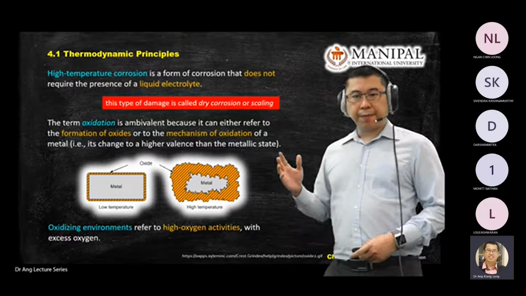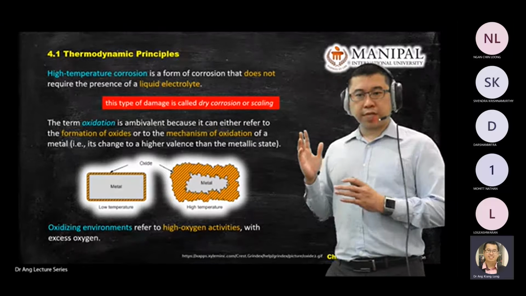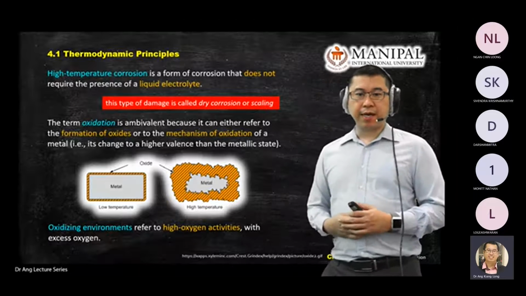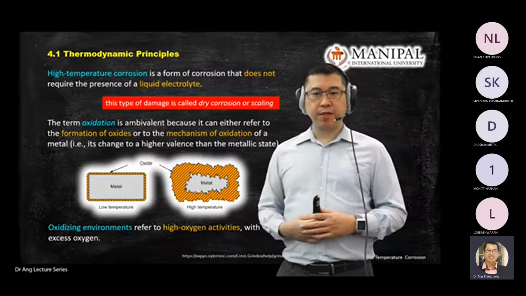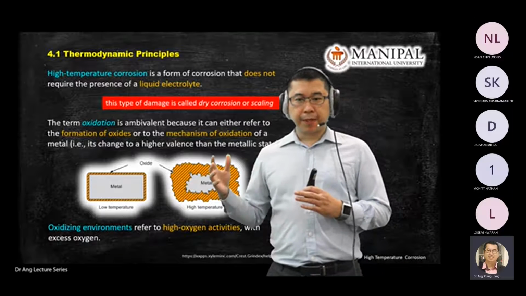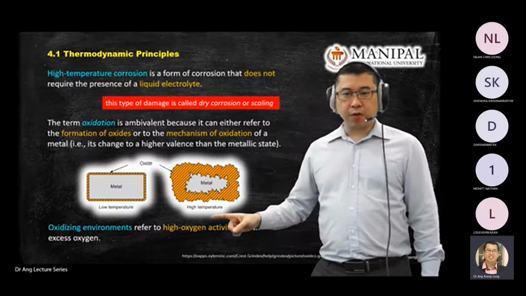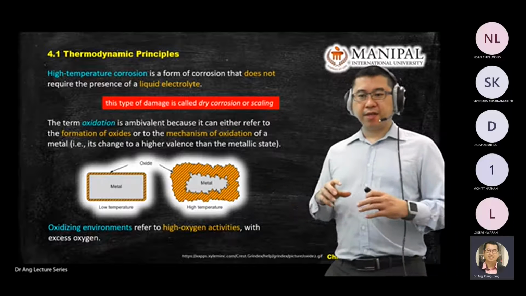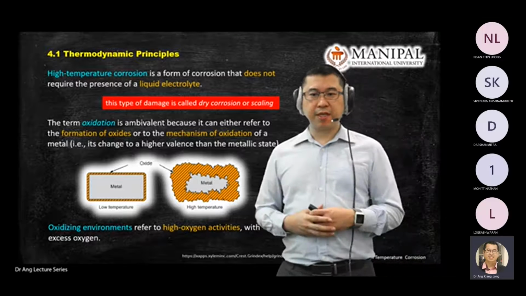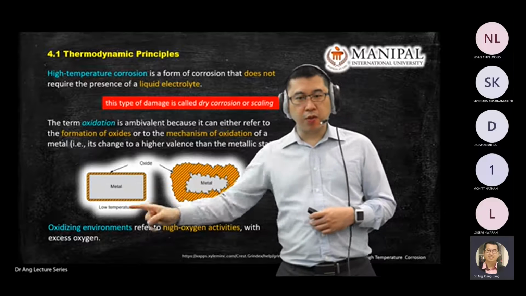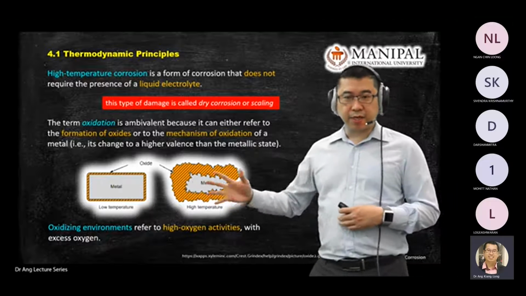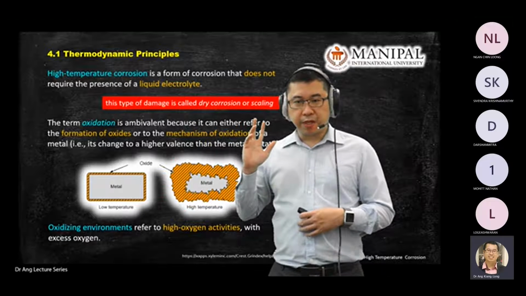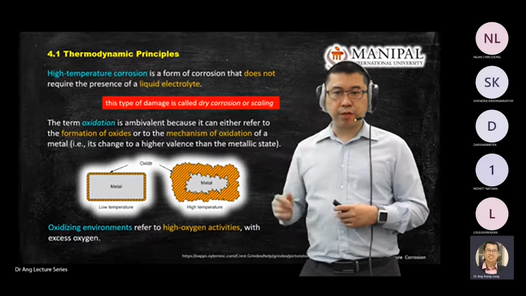To start talking about high temperature corrosion and oxidation, you need an element called oxygen. When you have more oxygen around the corroding body in a dry environment, that's why another name for high temperature corrosion is dry corrosion.